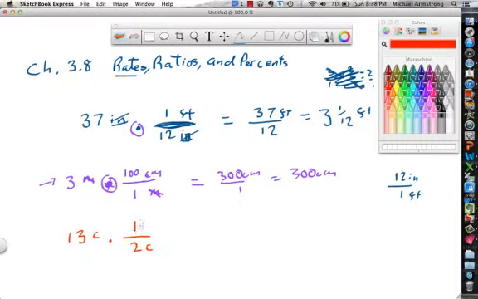So 1 pint is the same as 2 cups. This is my multiply by 1. The cups cancel, and I end up with 13 halves pints, and 2 goes into 13 6 with 1/2 left over. 6.5 pints. Pretty cool. That would be changing rates using unit analysis.